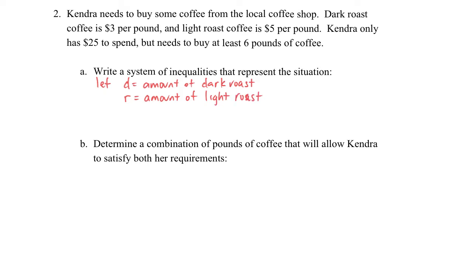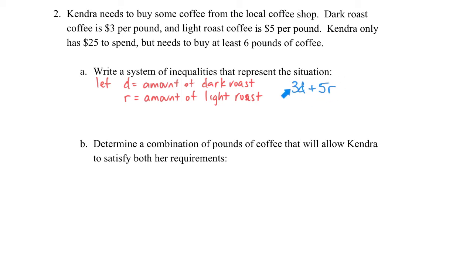Okay, so here's our situation. She has $25 to spend. So if she spends $3 per pound on the dark roast, and she spends $5 per pound on the light roast, and she only has $25 to spend, then I want the amount that she pays.